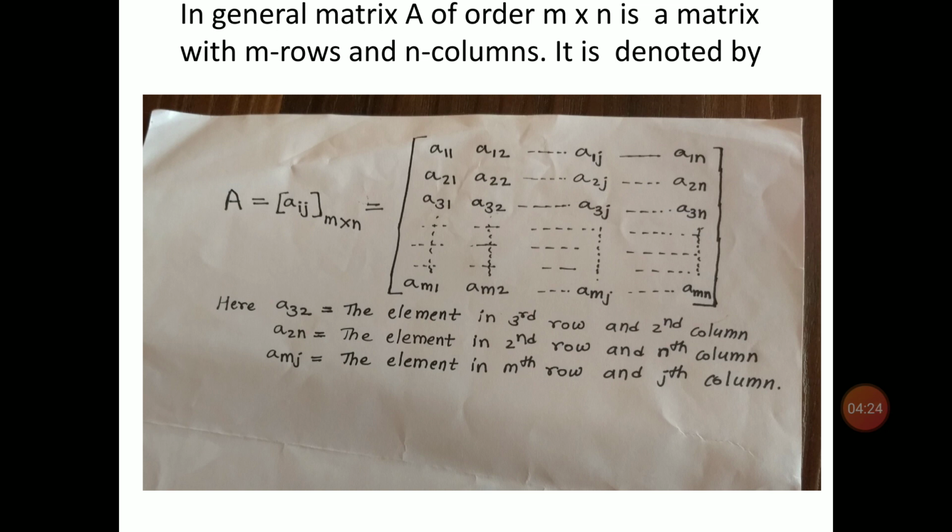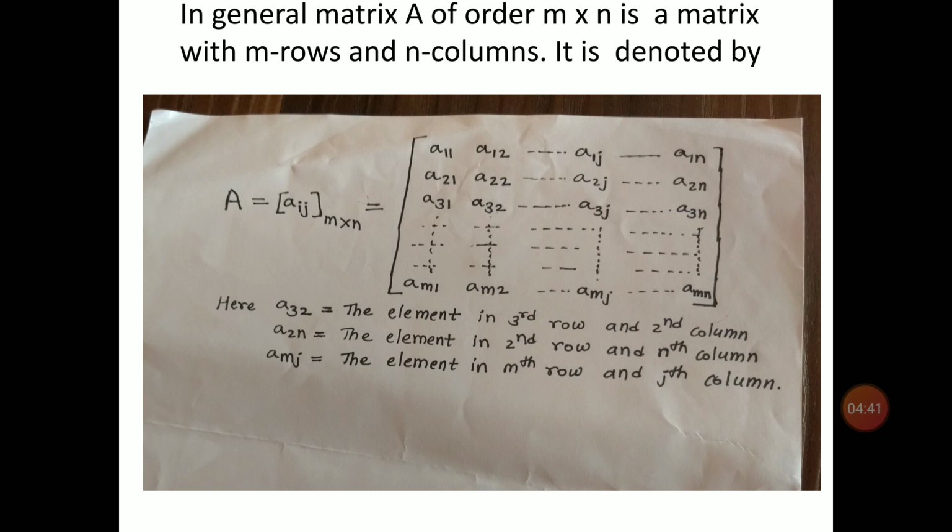For denoting the elements in a matrix, we use small letters as a11, a12, a13 and so on, and the suffixes that we are using have a meaning. What is the meaning?